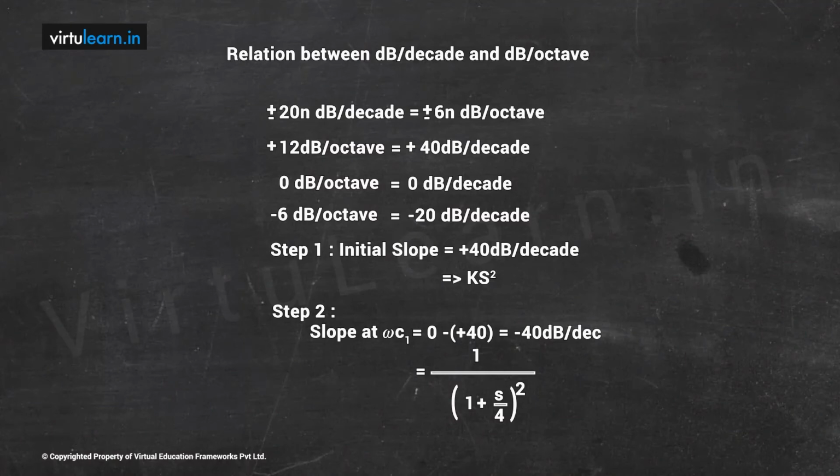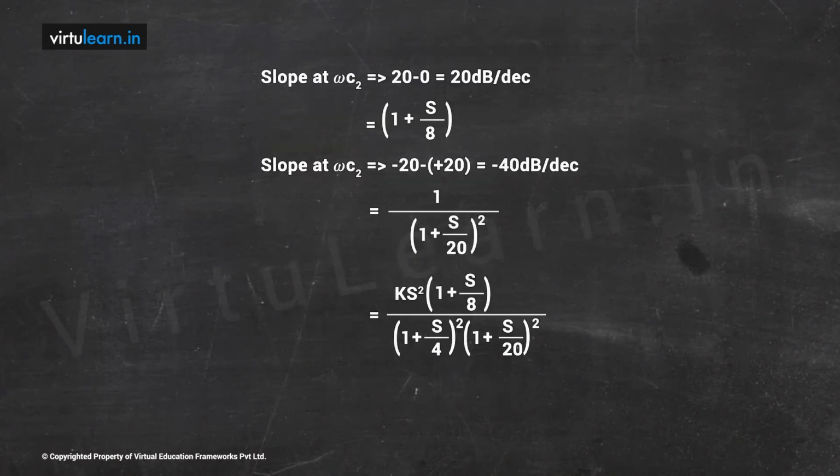Then at omega c2 is 8 radian per second, already we have 0 as the present slope, and the next slope is 20, therefore 20 minus 0 is going to be plus 20. So plus 20 is a zero, therefore 1 plus s by omega c2, which is 8, so 1 plus s by 8 is my term.